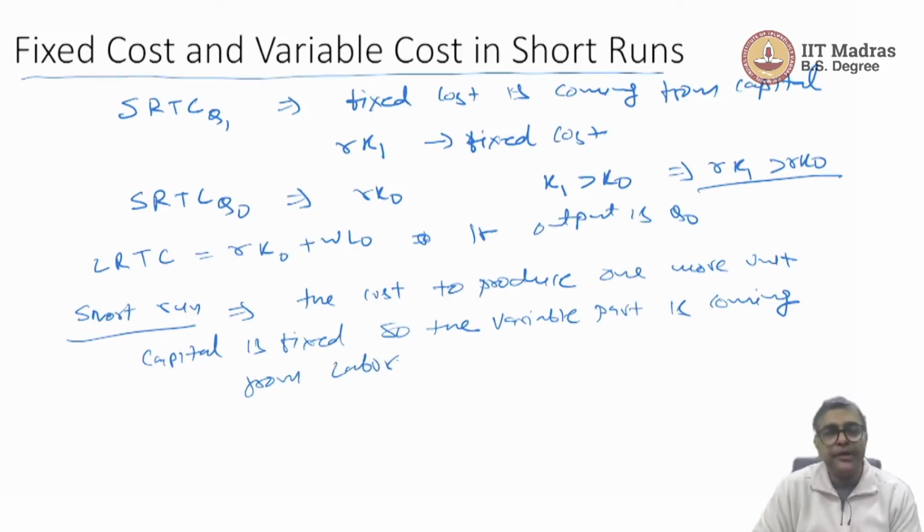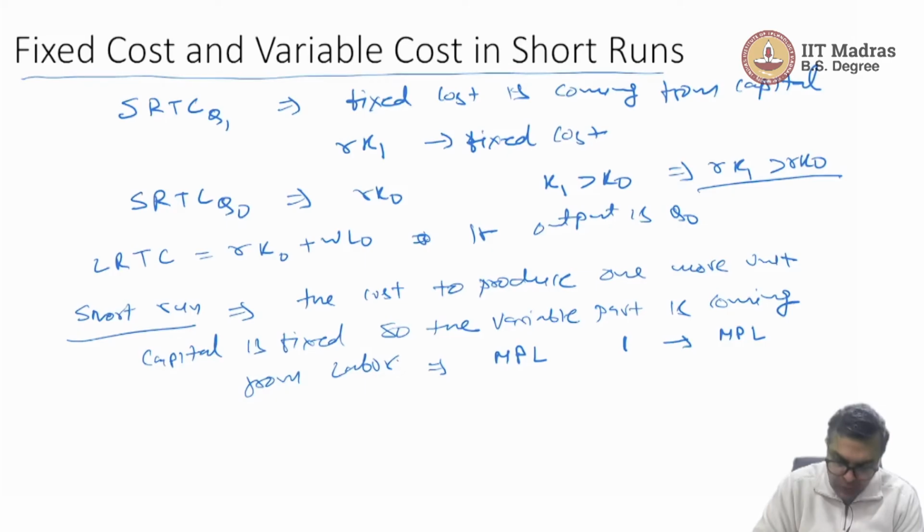How much labor do you need to produce one extra unit? Let us say the marginal productivity of labor is MPL. That means one unit of labor gives you MPL units of extra output, but we want just one extra unit of output. So, how much labor would be required? The labor required would be 1 by MPL. And how much will it cost? Because a unit of labor costs W, the marginal cost is going to be W by MPL. This is the marginal cost.